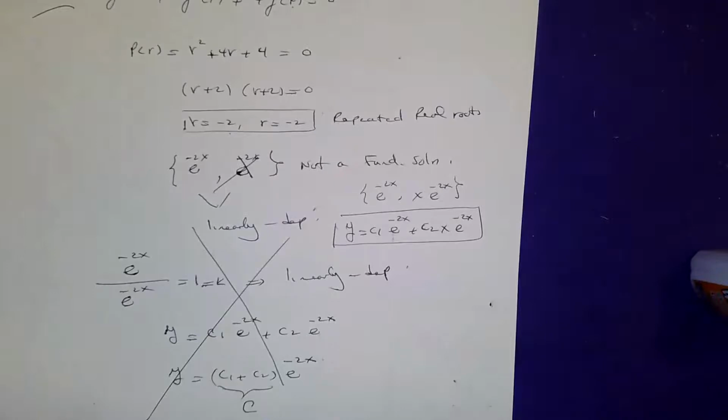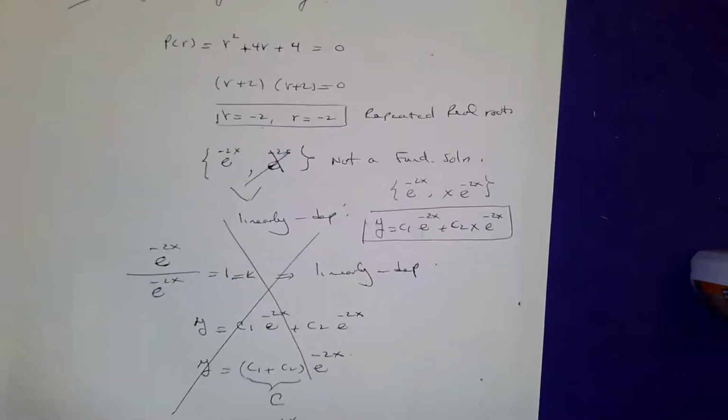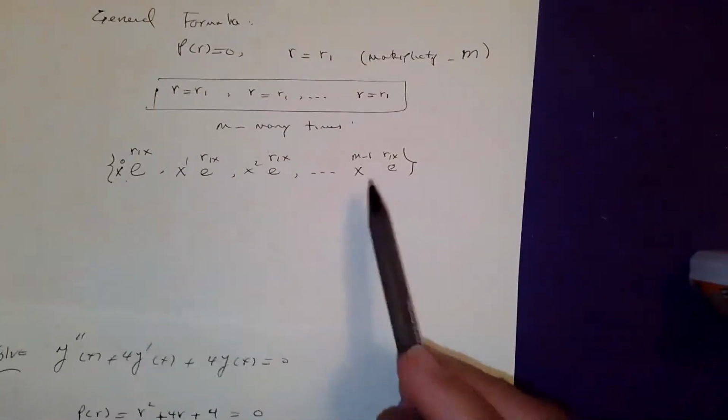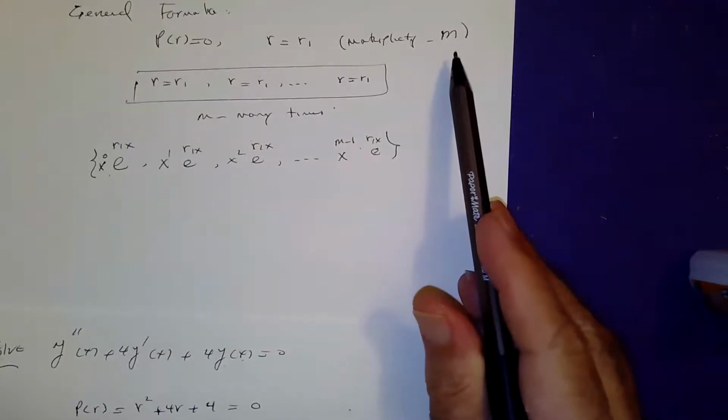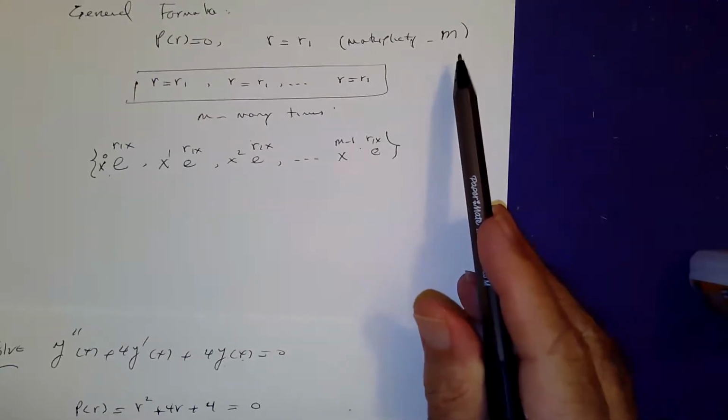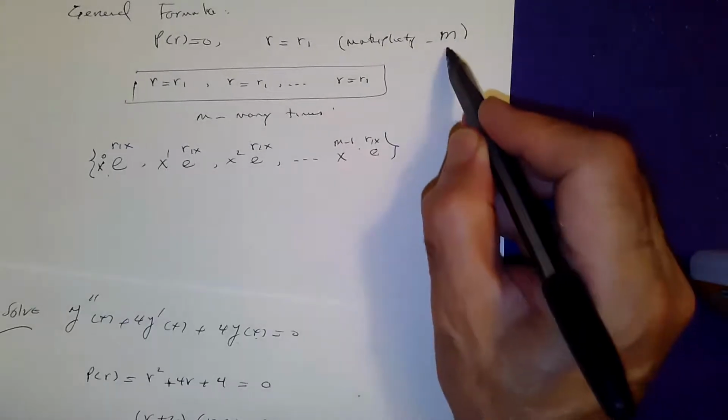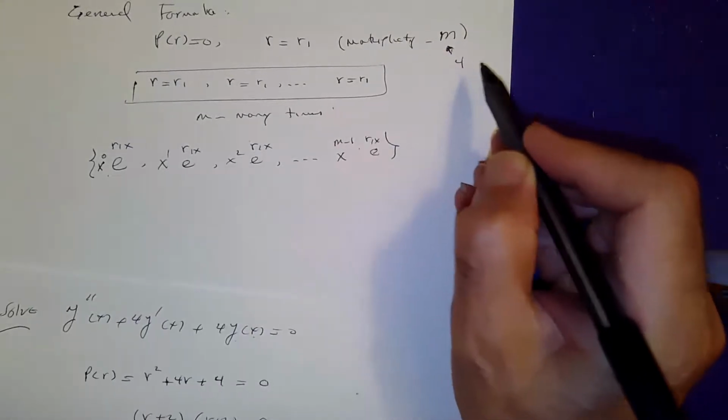Okay. M minus 1. Correct, Pedro. M minus 1. Did I move that fast? Where did it go? Right here. M minus 1, provided what? Multiplicity is m. Let's say m was 4.